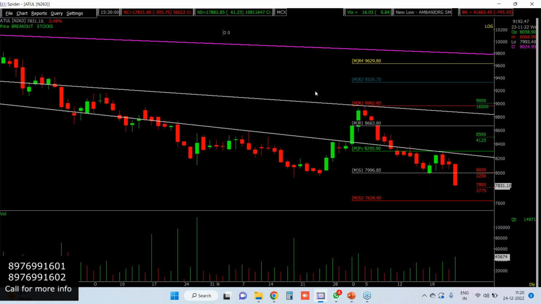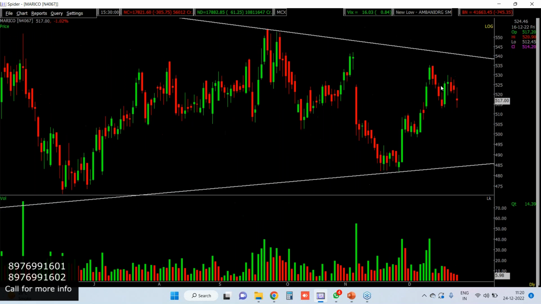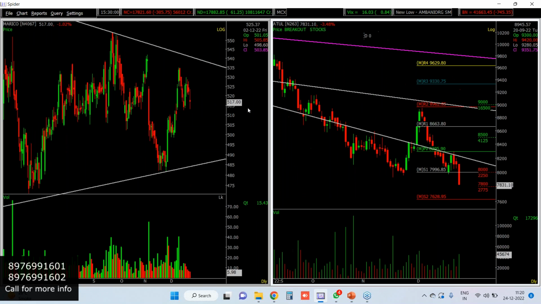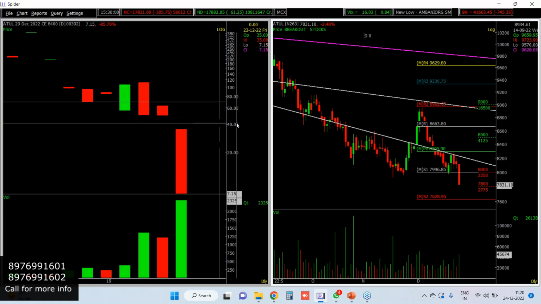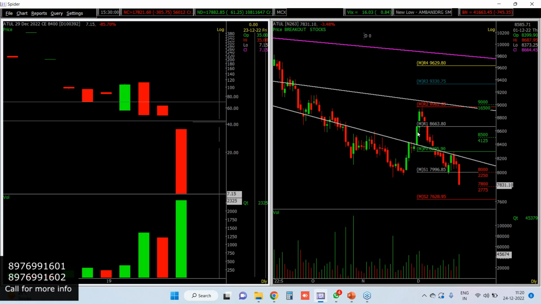So we'll see those particular contracts. Atul, we have the chart of Atul. Strike price will be around 8,400 or 500, as per your risk appetite. The date was around 1st.